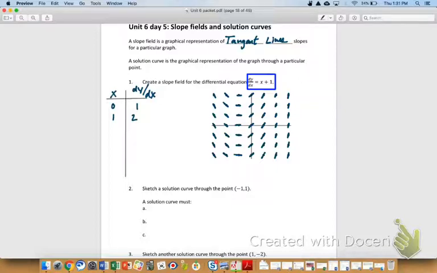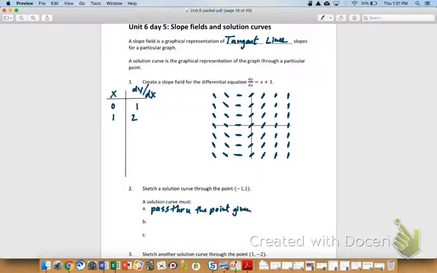Okay, so now what we're going to do is draw a solution curve through the point (-1, 1). So I want to define a little bit about what a solution curve is. First of all, a solution curve must pass through the point given.